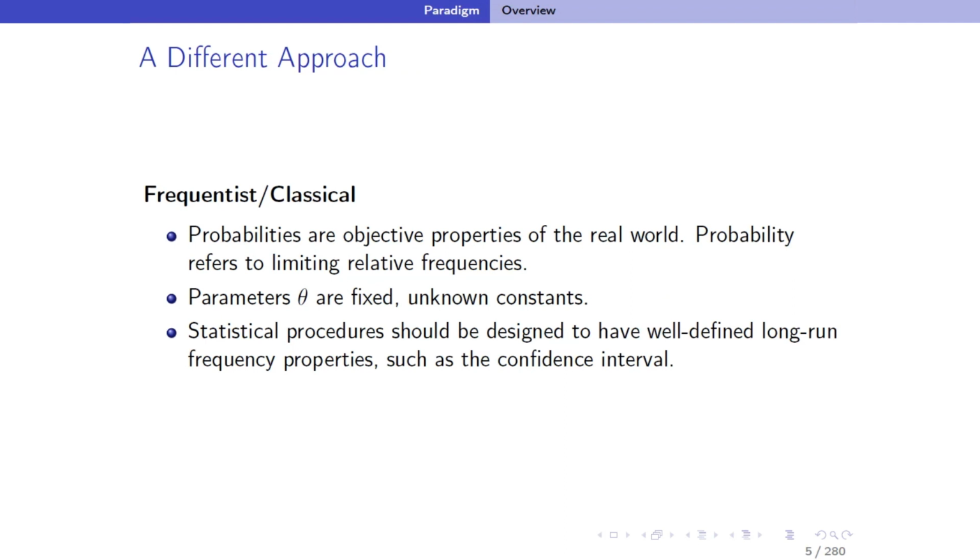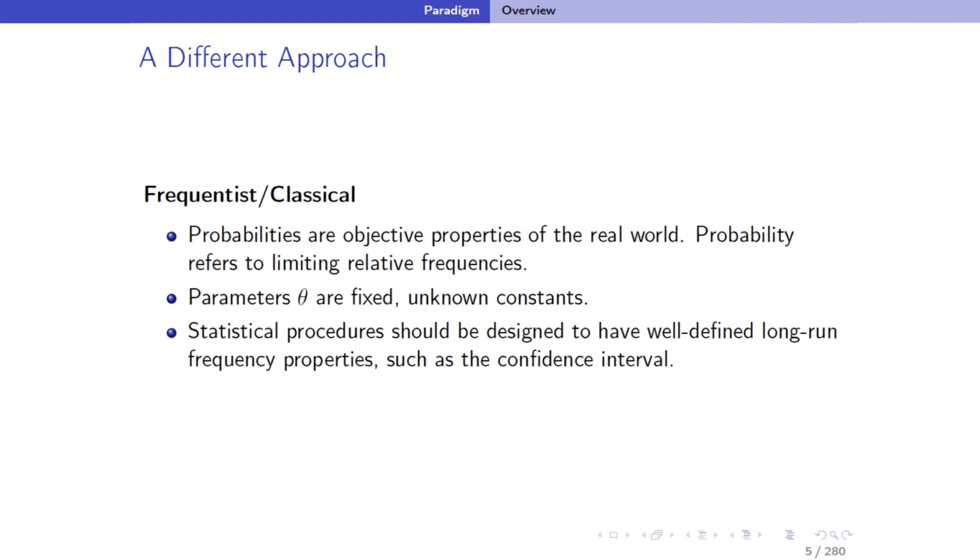On the other hand, what we are more familiar with are the frequentist and classical approach, where the underlying assumption is that probabilities are objective properties of the real world. That refers to limiting relative frequencies: you repeat an experiment, you toss a coin many times, then roughly 50% of the time it will come up heads, and 50% tails. And the parameters, theta, are fixed. They're just unknown. They are fixed.